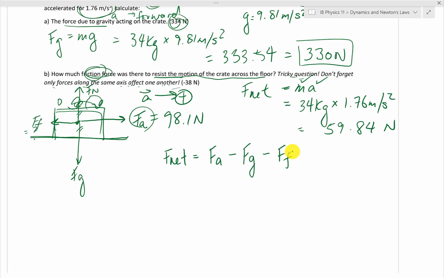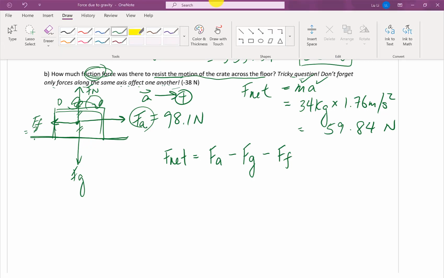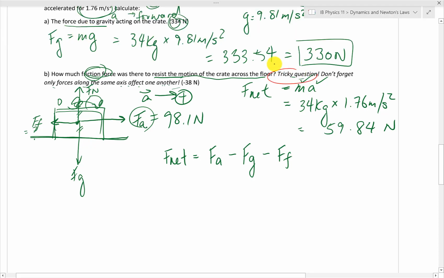If you think that I did something wrong here, you are right! I totally did something wrong! And this is the tricky part of this question. Many people will think that if something weighs more, it is going to cause the object to not be able to accelerate as much.